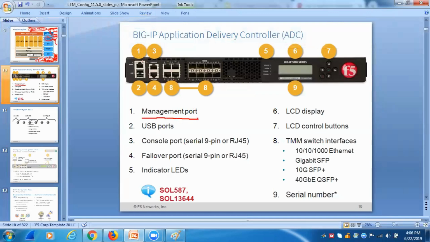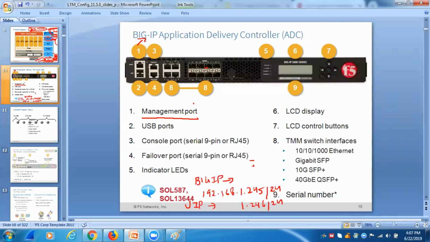The management port is dedicatedly used for taking management access of your BIG-IP device. There is a default management IP of the BIG-IP, which is 192.168.1.245/24. For the VIPRION, the management IP address is 1.246.